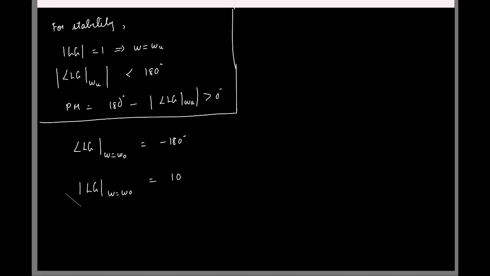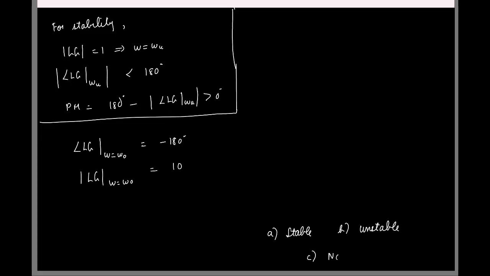So can you say the system is unstable or stable? I'll give you three options. A, stable. B, unstable. C, I have no clue. Why? So he's saying no clue. Anyone voting for unstable or stable?